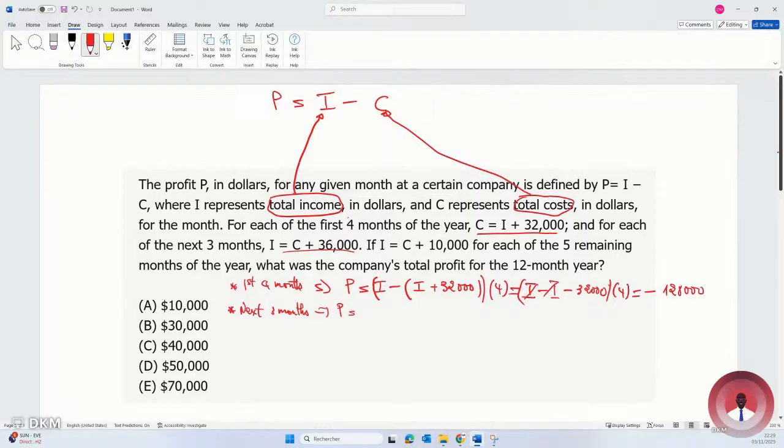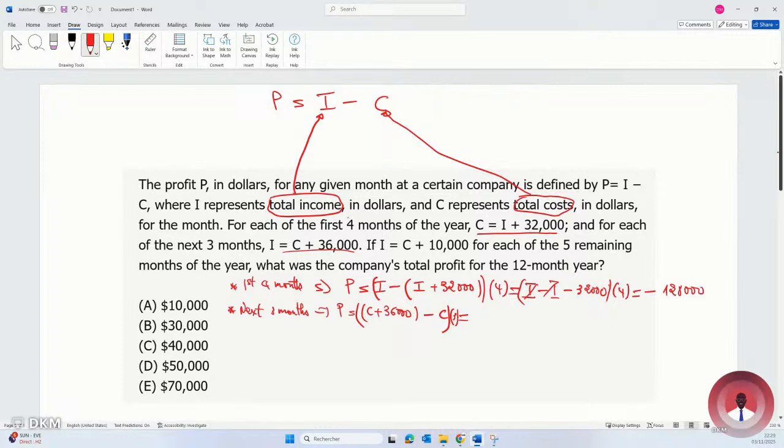Here we have the value of I, so we are going to replace I by C plus 36,000 minus C. So C here minus C here are going to cancel. But here it says for the next 3 months, so we need to multiply the whole by 3.